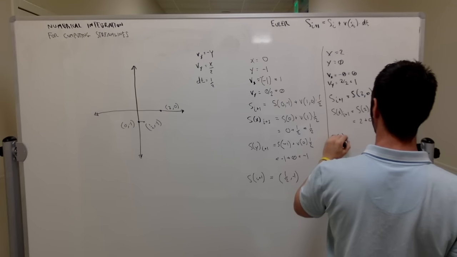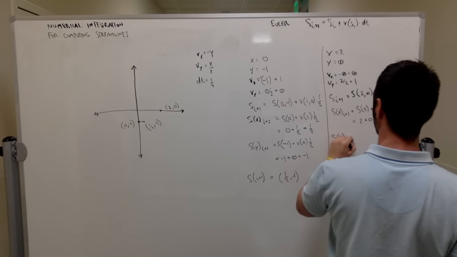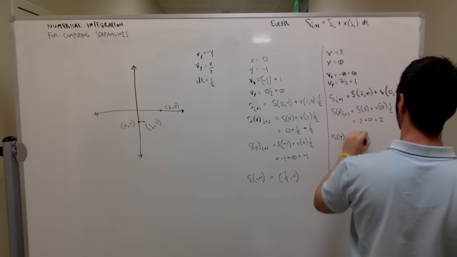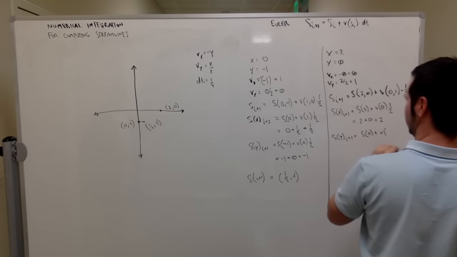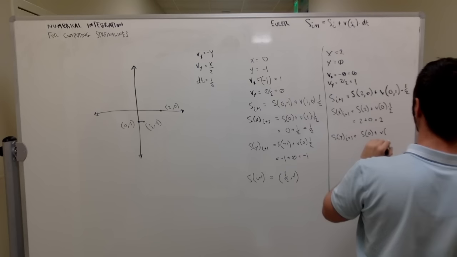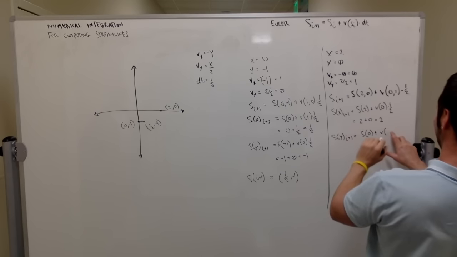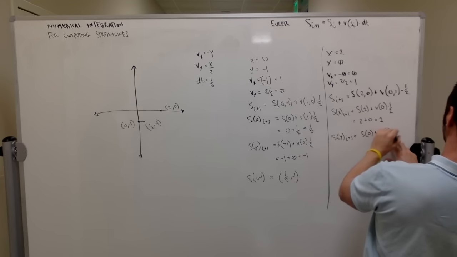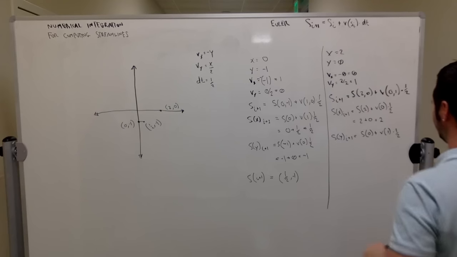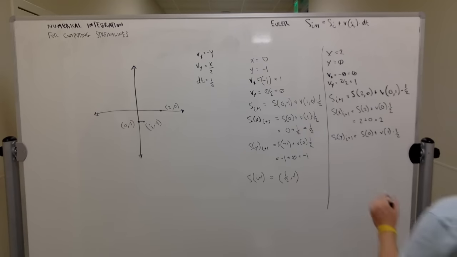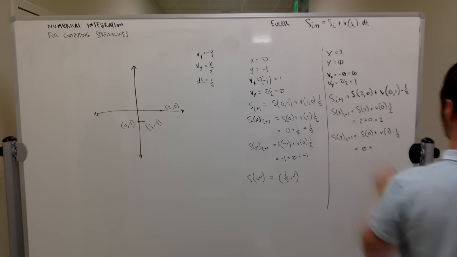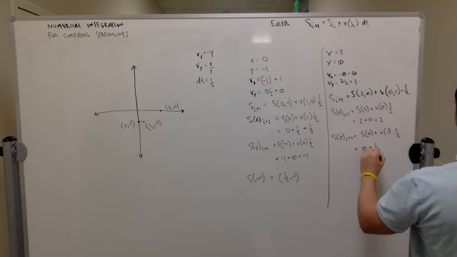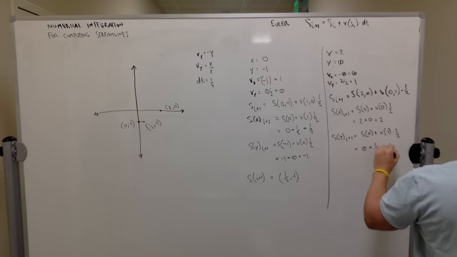And then for the y component, we have S of 0 plus the velocity, which is, what do we say the velocity was? It is 1 times 1/2. Right, so the y component is equal to 0 plus 1 times 1/2, which is 1/2.